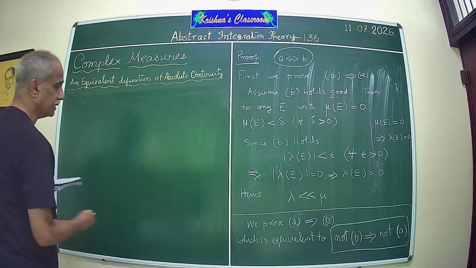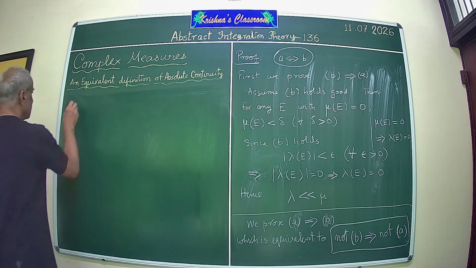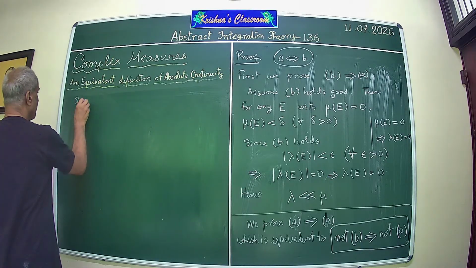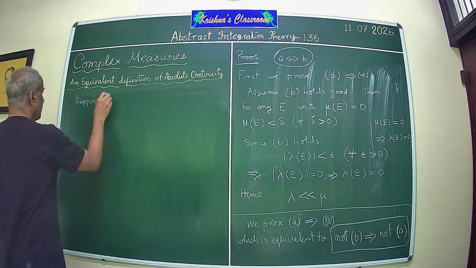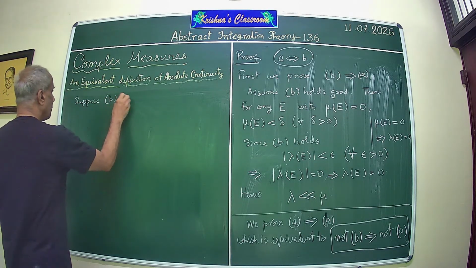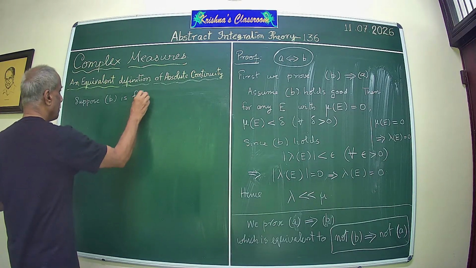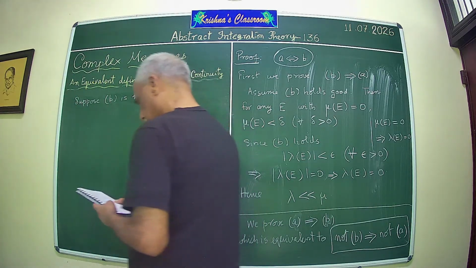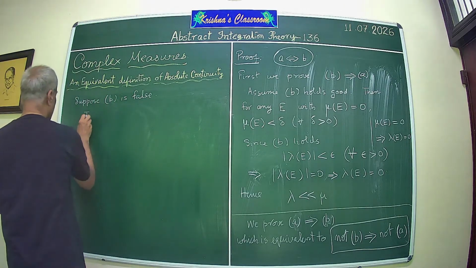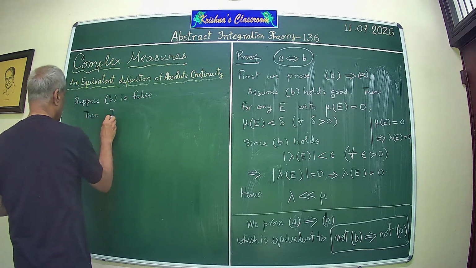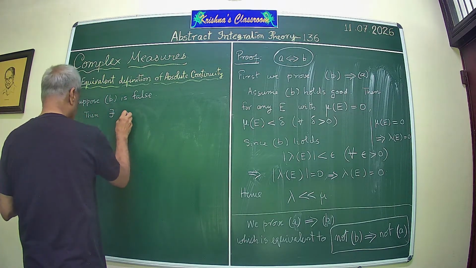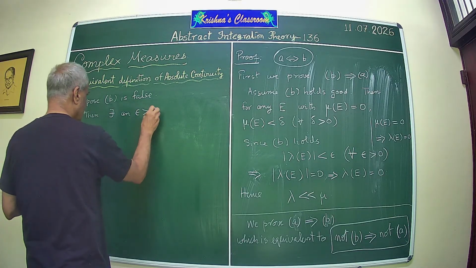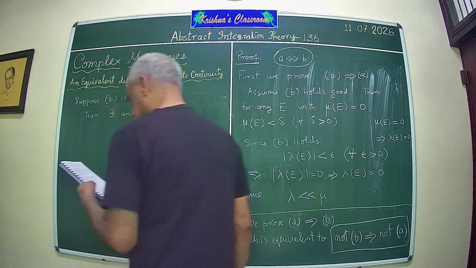So let us start with this. Suppose B is not true. We are writing down the negation of that statement.